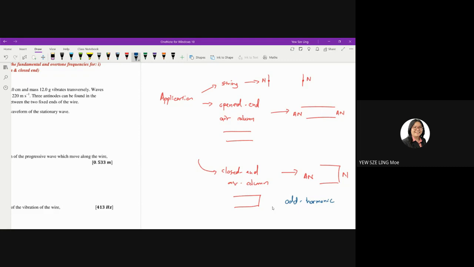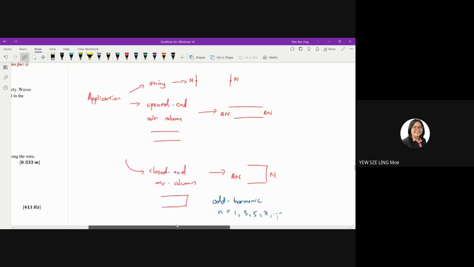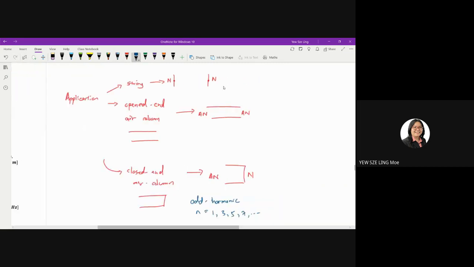Odd harmonic means that it doesn't have 2, 4, 6, those even numbers. It has only odd numbers 1, 3, 5, 7, and so on. Whereas for the two examples above, the strings and the open end air column, n starts from 1: n equals 1, 2, 3, 4, 5, and so on.